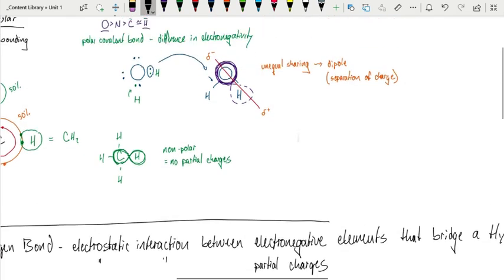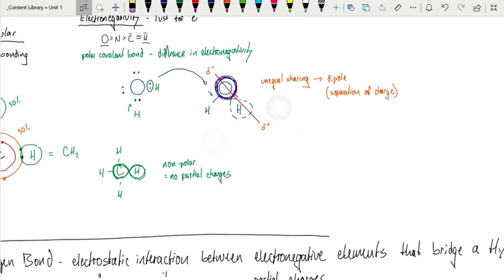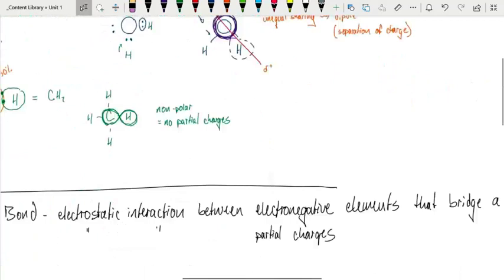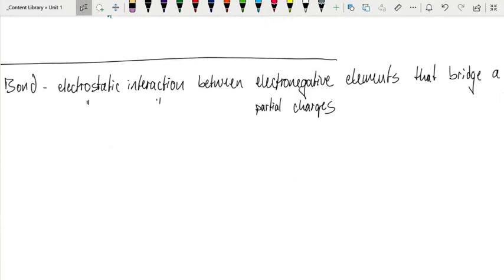Let's go back to water. And we saw water up here. Let's come down and draw a new water molecule. We have oxygen, and we have two hydrogens. And we know that this is a polar covalent bond because oxygen is much more electronegative than hydrogen.